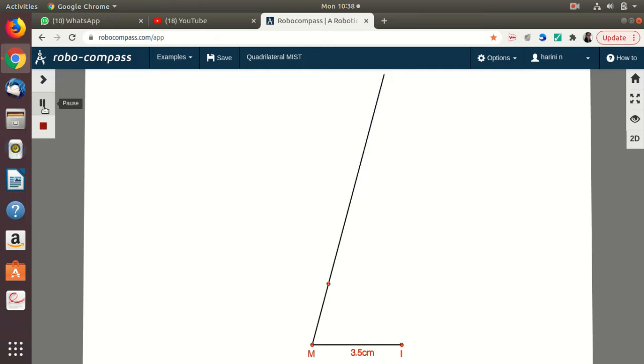The next step is to construct the 75 at M. So mark the 75 and draw the ray. You would have kept the protractor at M. From the right side, you should have counted the 0. Go on till 75. Mark the point at 75.